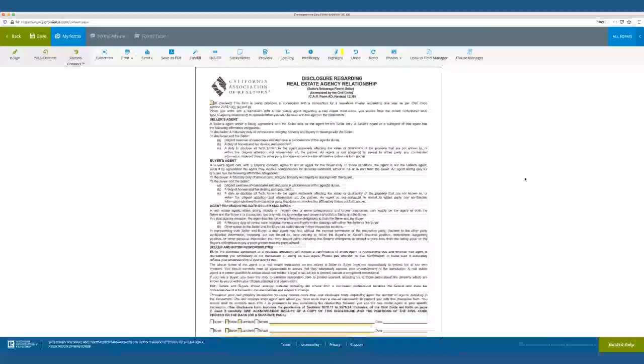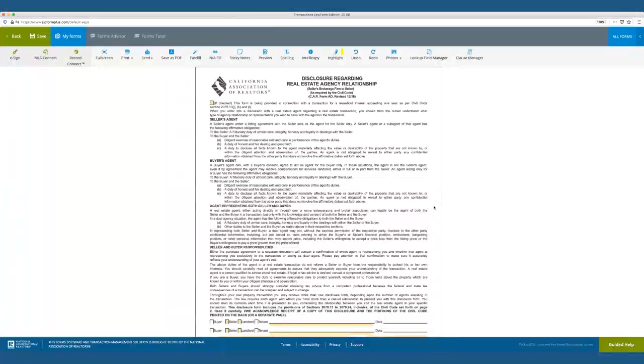Thank you, Patricia. So this is when you pull up from Zip Forms the listing agreement. This is the very first thing that you will see. And this document is the first thing that's presented to a client in many different areas: when you make an offer, when you're listing a property, when you're leasing a property.